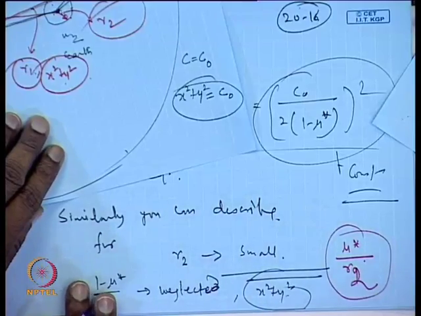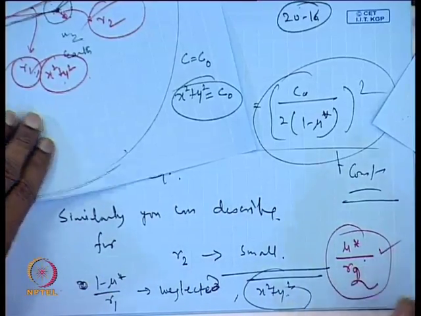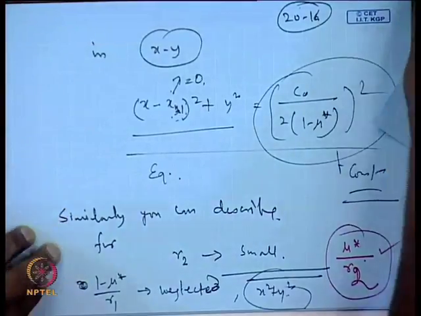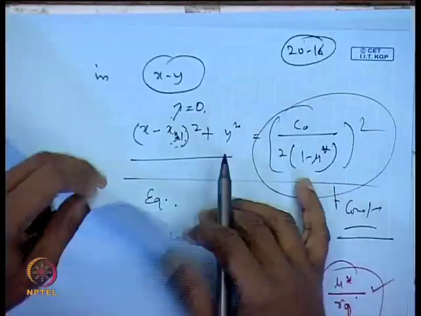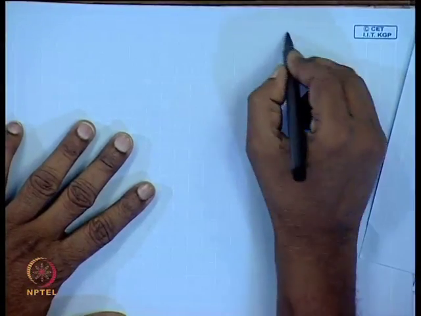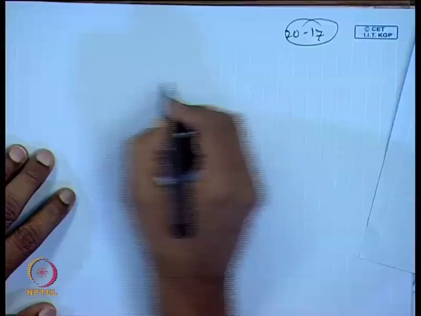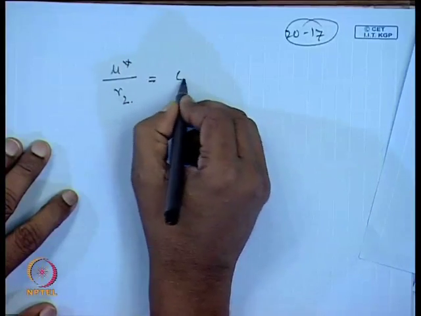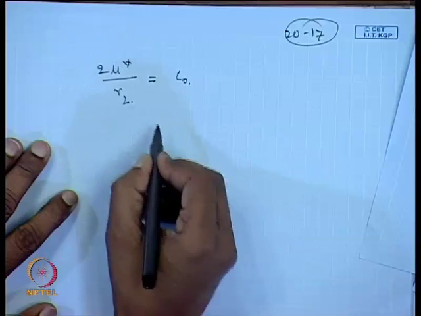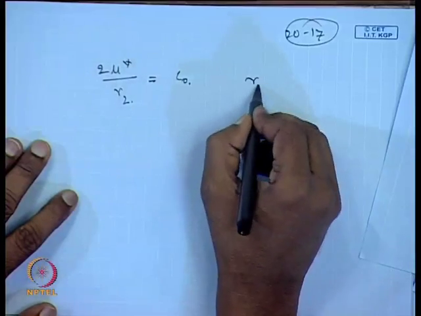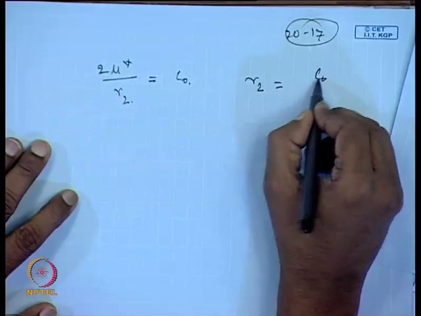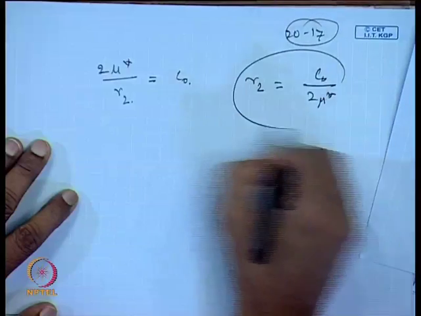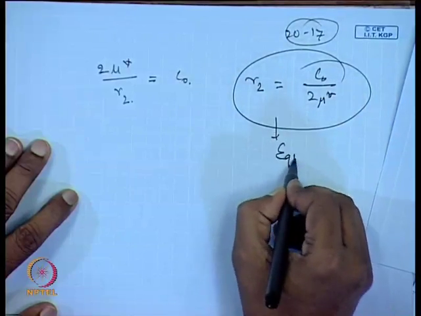So, the other quantities can be neglected and we work only with mu star by R 2. So, mu star by R 2 will be equal to C 0, 2 mu star times R 2 will be equal to C 0, and this implies R 2 equal to C 0 by 2 mu star, and again this is the equation of a circle.